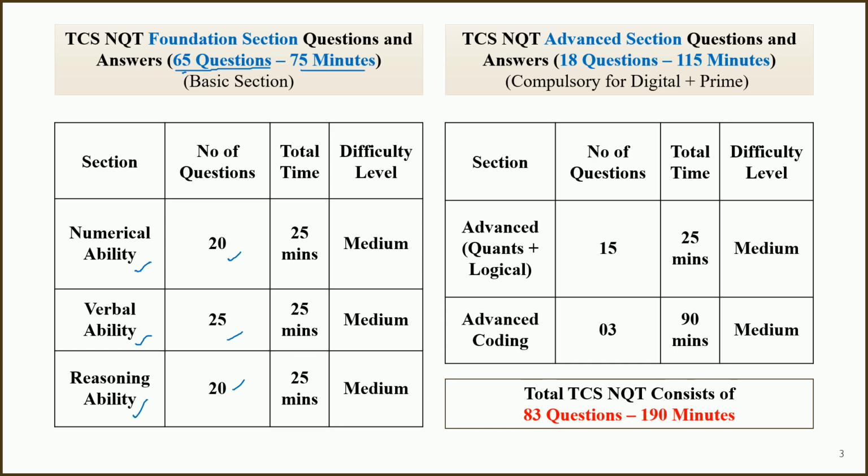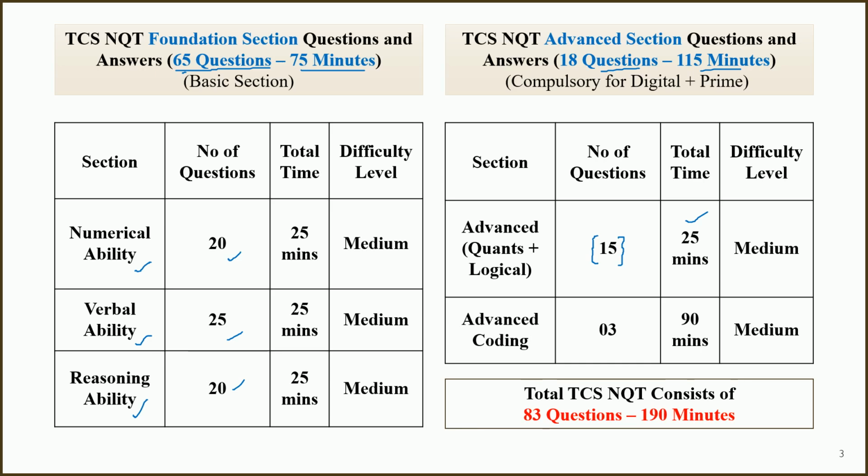If you move on to the advanced section, it consists of only 18 questions, but the time period is 115 minutes. You'll get advanced level questions related to quant and logical, which are 15 in number, and the time period is 25 minutes. The level of difficulty is medium.